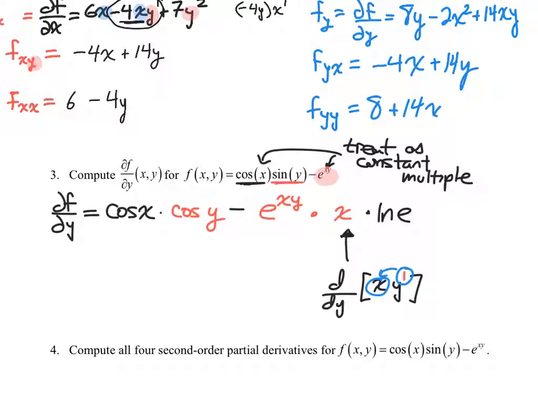It's always been there. We just never write it because it cancels out immediately. ln of e is equal to 1. But if this were 2 to the xy power, we would write 2 to the xy times x times the natural log of 2. Just something, old Calc 1 stuff that you should always be mindful of.